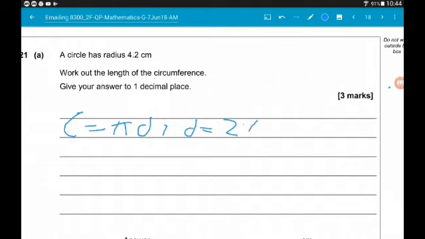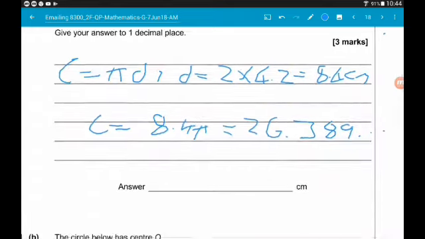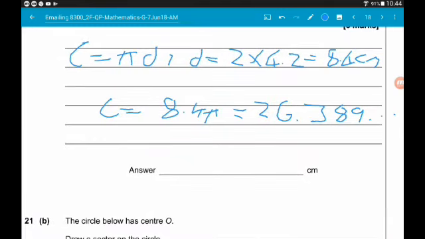So 2 times 4.2 is 8.4 centimetres. So the circumference is 8.4 pi, which is going to give us 26.389 and so on.